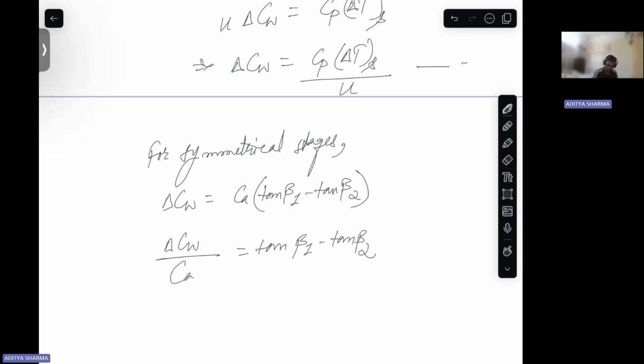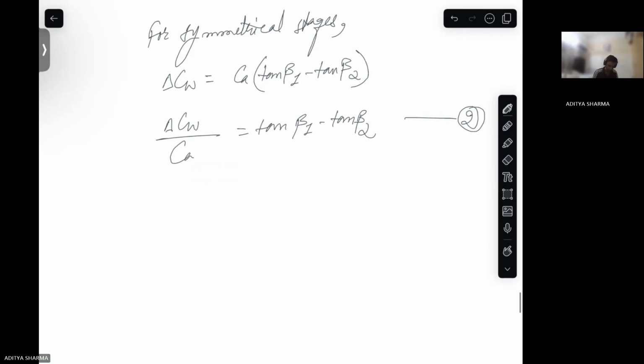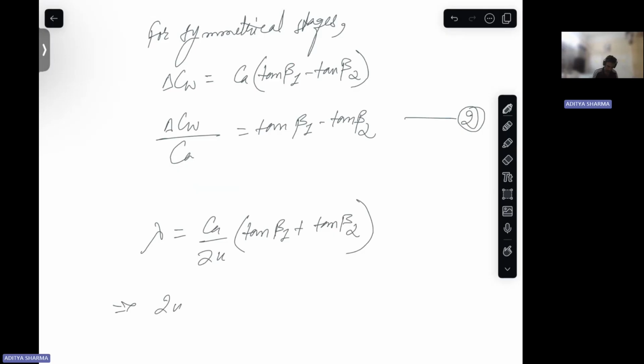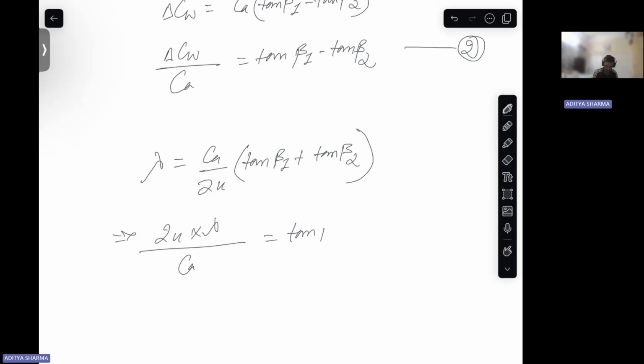The first is this, the second one is this. Okay, then there is the degree of reaction, Ca by 2U (tan beta 1 plus tan beta 2). This implies 2U lambda by Ca is equal to tan beta 1 plus tan beta 2. This is the third.